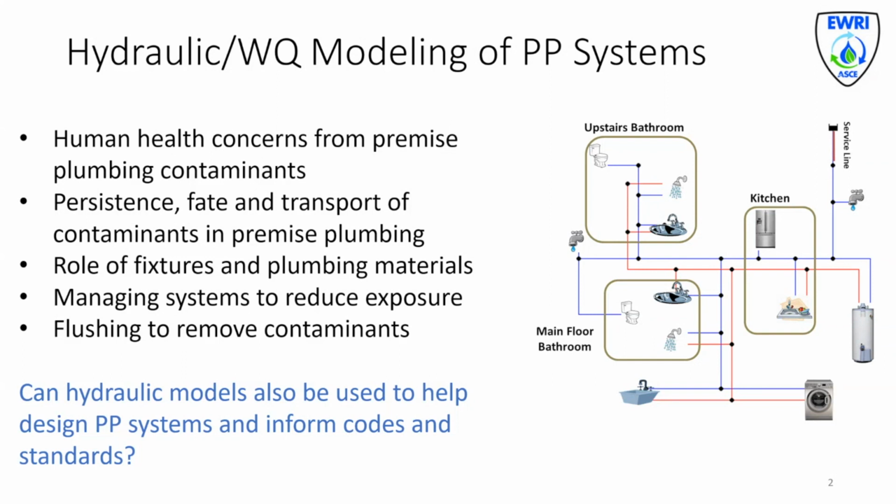So these are some of the motivations that we've talked about for wanting to use hydraulic and water quality models of premise plumbing and to develop them, which is what we've been focused on in this series.